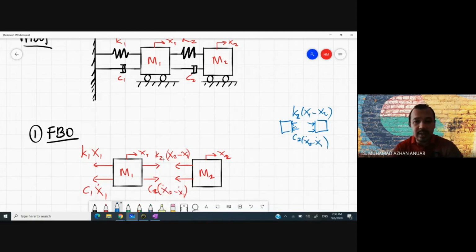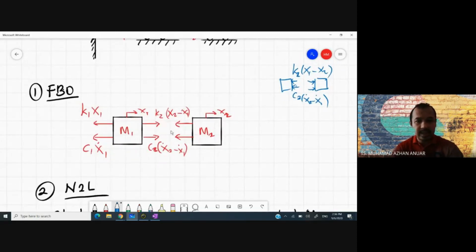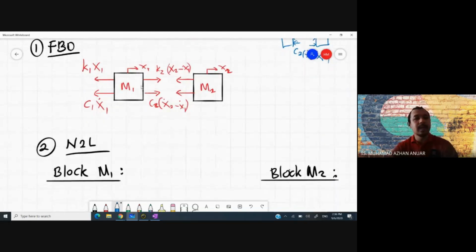You can use the blue color here or the one that I sketched earlier, and you will get the same answer. It is based on your assumption whether x1 is greater than x2 or x2 is greater than x1, and your direction of force or vector of the force must be correct. Let's use the red color here. This is our free body diagram.